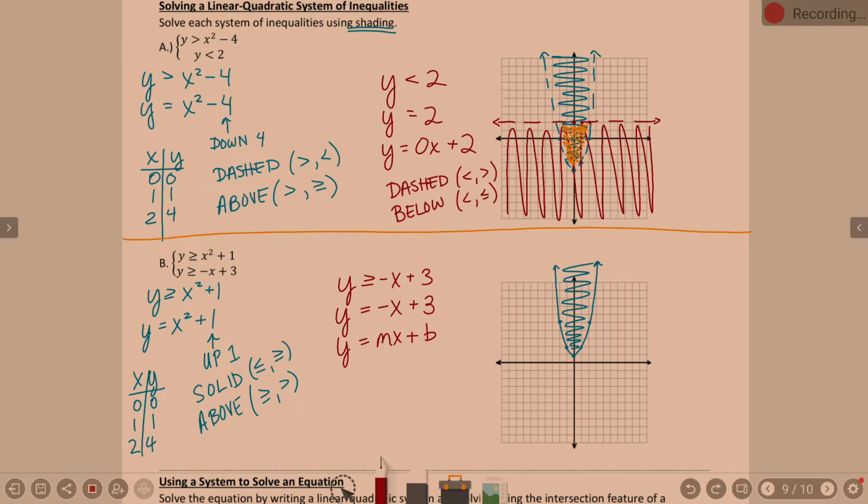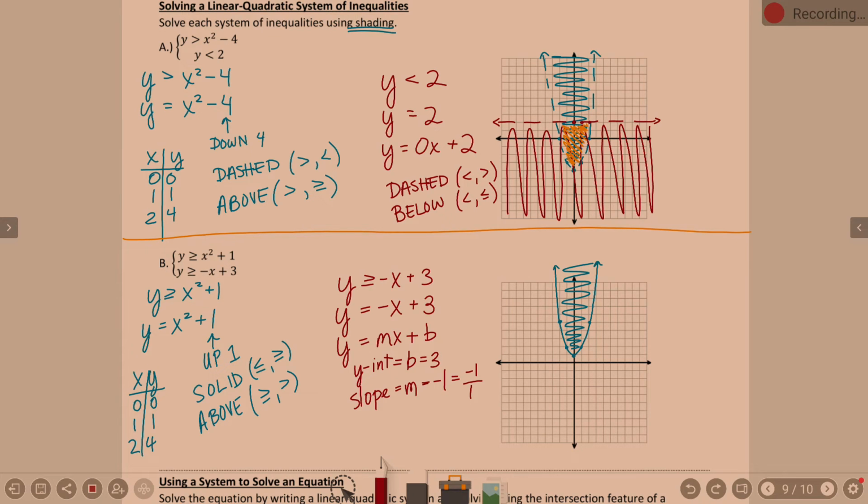My y-intercept is b, which is 3. My slope is my m value, which is, what is my slope? Negative 1. And negative 1 is a fraction. It's negative 1 over 1.